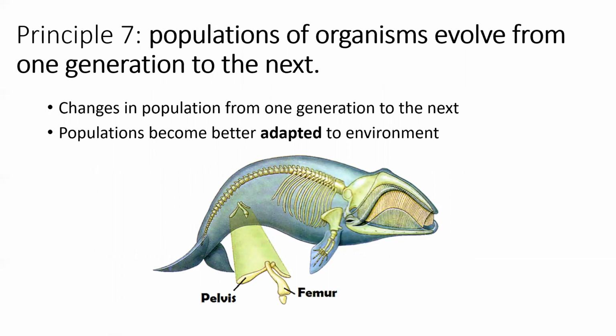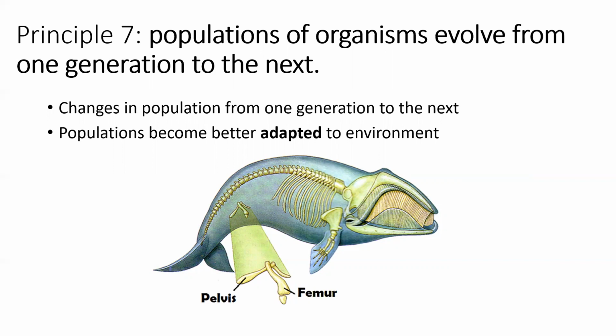Number 7. Through the advent and advancement of science, through genetic research and the Genome Project, we are able to see that organisms are going to evolve from one generation to the next. So we know that evolution did occur, and we can find evidence of evolution in organisms today.